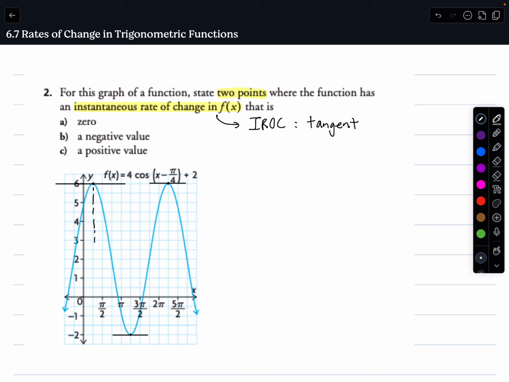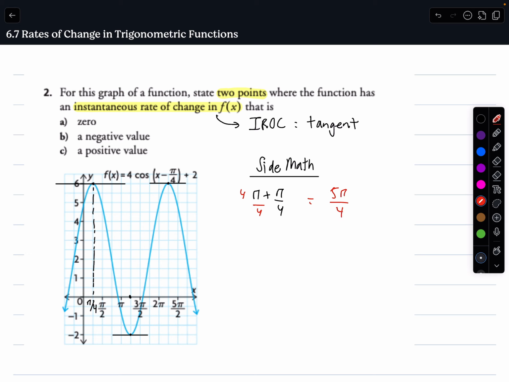So if we look at our graph, the first point is going to be pi over 4. The next point is going to be halfway between pi and 3 pi over 2. So if you wanted to find out what that number is, we can do some side math over here. I can do pi plus pi over 4. And then obviously we have to get a common denominator. So we end up with 5 pi over 4.